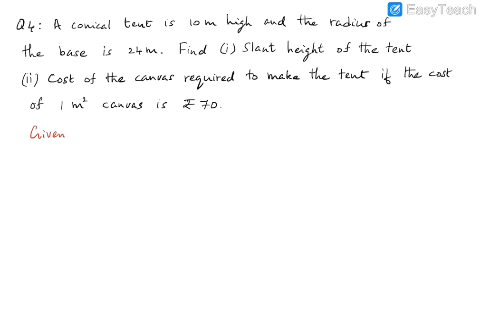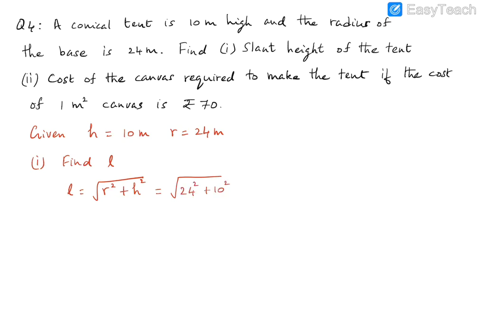The given values are H equals 10 meters and R equals 24 meters, and we are asked to find L. So the first part of the question is find the slant height L, and we know that L is equal to the square root of R square plus H square, so that's equal to square root of 24 square plus 10 square.